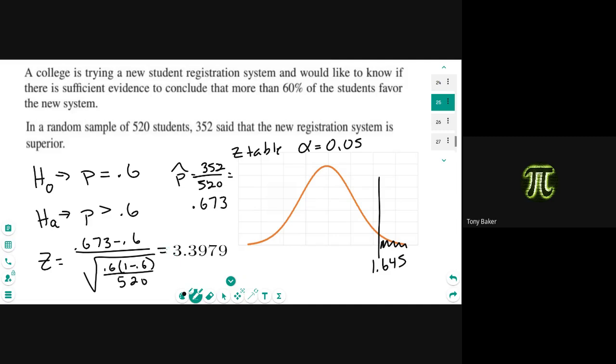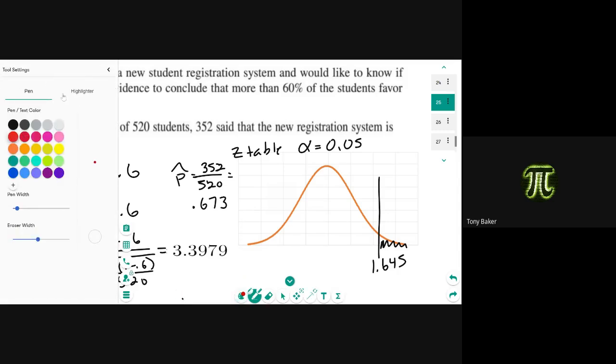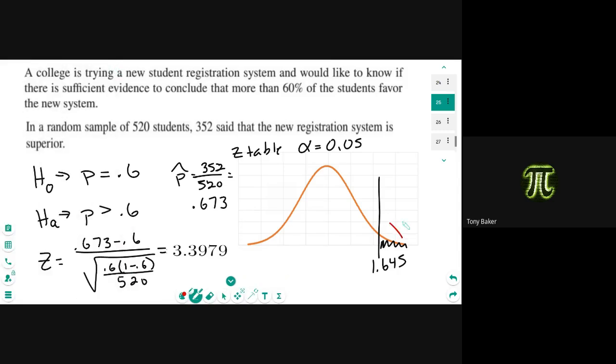So it equals 3.39 or 3.40. That means it's over here, so we're rejecting the null hypothesis.